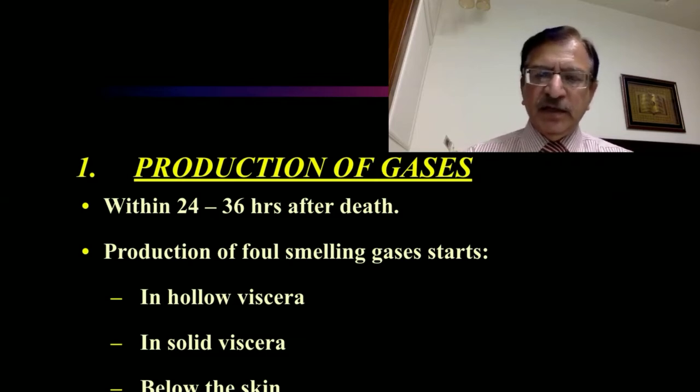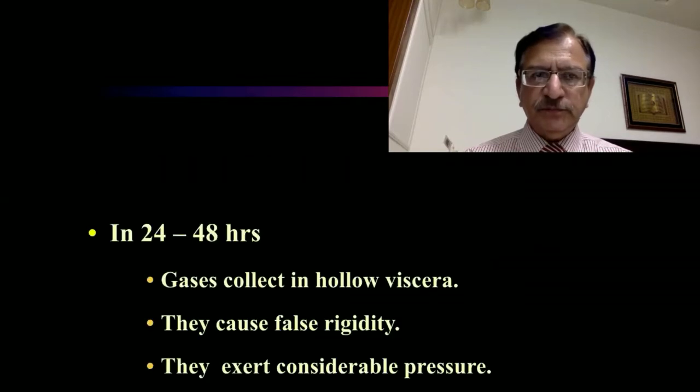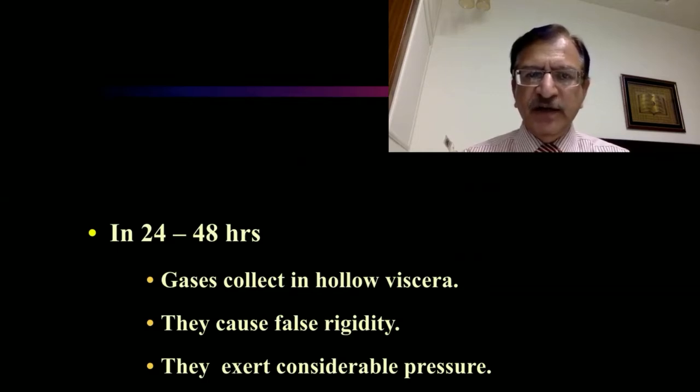And then they accumulate under the skin. In the next 24 to 48 hours, the gases which have now collected in the hollow viscera are so abundant that they produce false rigidity of the whole body.